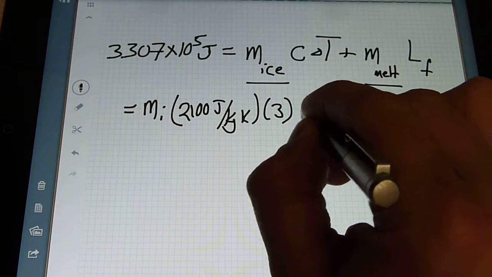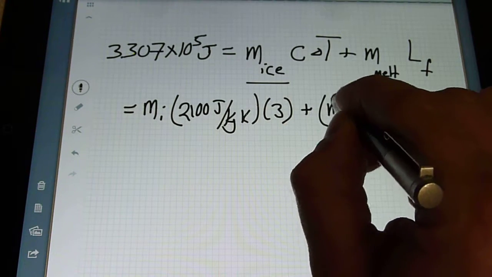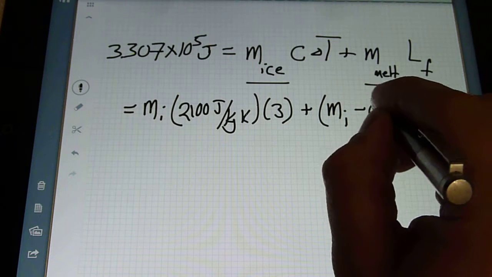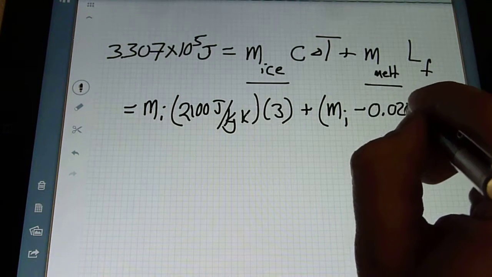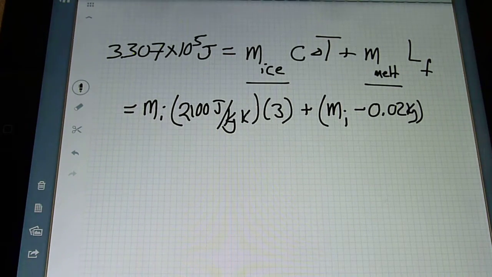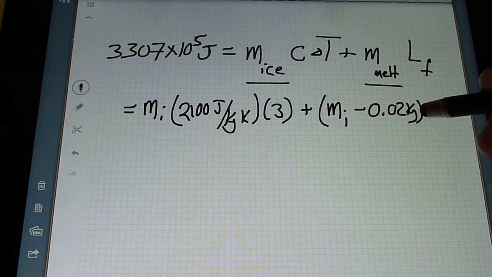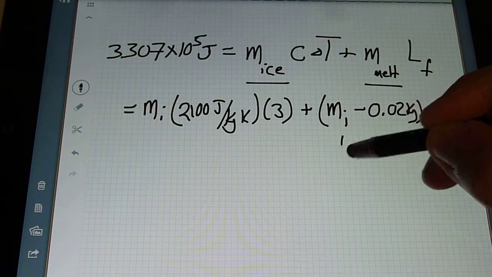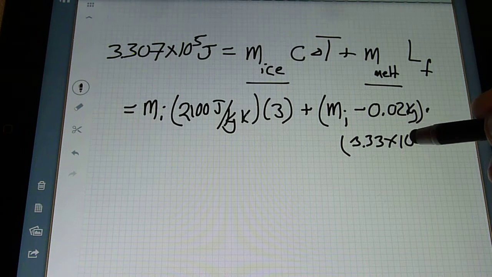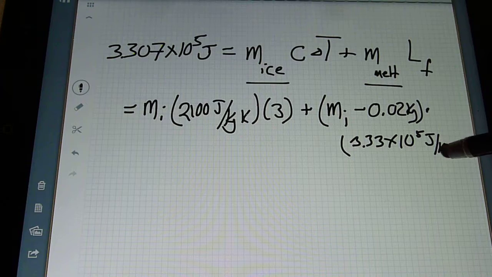And then the mass of my melting ice, I can express as the amount of ice that melts, which is the initial amount minus what I said I wanted to have left over, 0.02 kilograms, multiplied by the latent heat of fusion, which is 3.33 times 10 to the 5th joules per kilogram.